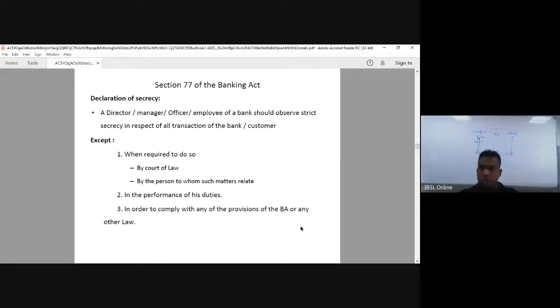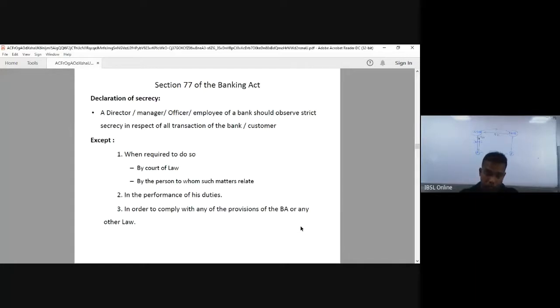So from time to time, the central bank requests information from the banks. They request customers' information also. Suspicious transactions you have to report. Likewise, you have to provide reports to the central bank. Now, when you are providing this information, you don't get the consent of the customer. You can't get the customer's consent.